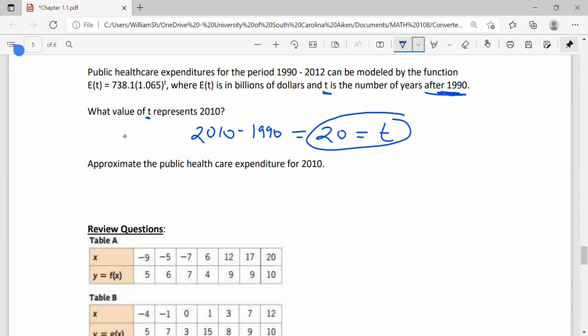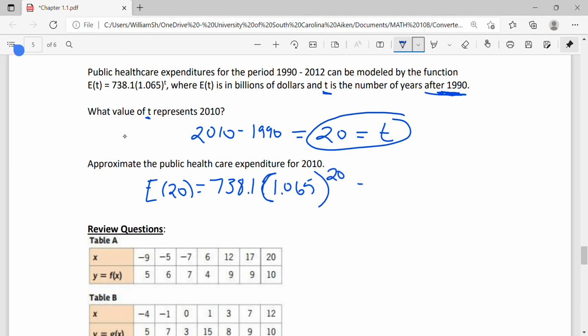Okay, so in order to approximate the public health care expenditure for 2010, what I'll do is I'll say E of 20 equals 738.1 times 1.065, and I will kind of exaggerate that bracket so it doesn't look like a 1. And we're going to have to raise that 1.065 to the 20.